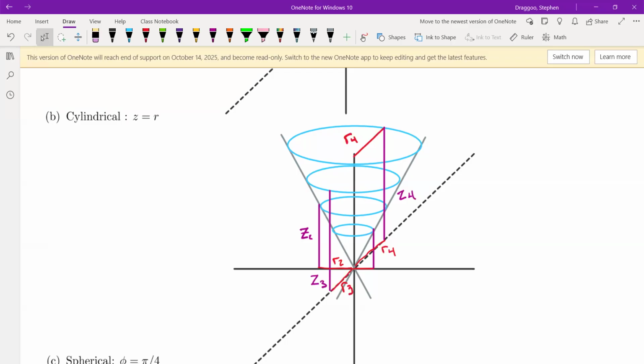Right? I just spin it around the z-axis, I get a circle, because that's generally what we get when we revolve points around an axis. So you think back to surfaces of revolution from Calc 2, we aren't really going to get into that, but it's a way to think about how we're generating these shapes in cylindrical coordinates. To rotate it around the z-axis.